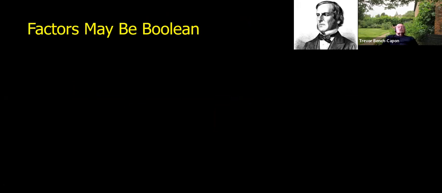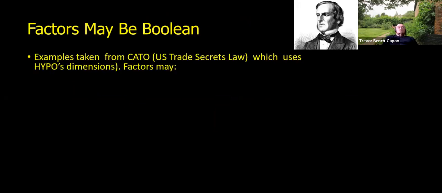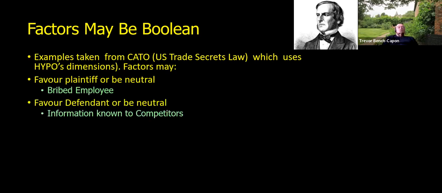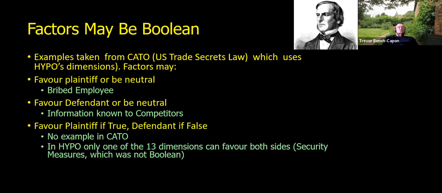Now, some factors are simply Boolean. For example, in Plato, which is Plato's dimension in case literature, factors may favour the plaintiff or be neutral. Bribe employed is an example. Or they may favour the defendant or be neutral. Information known to competitors.